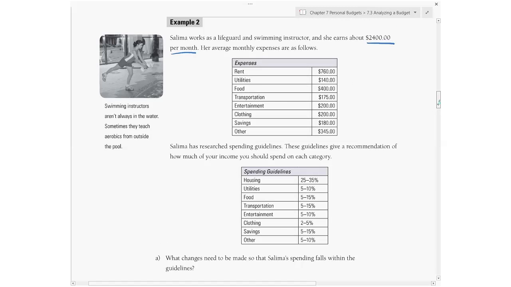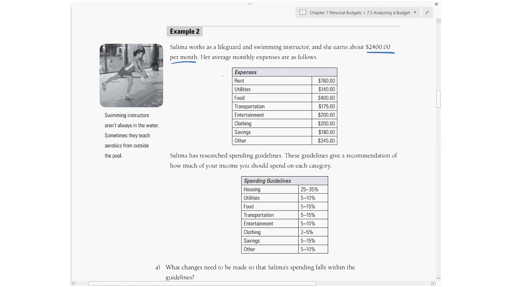So let's remember here, I'm going to do the same thing for each one. So remember again, our percent over 100 is equal to the part over the whole. So for this one, I'm looking for the percent, so x over 100 is equal to 760 over the whole. Her whole income is 2,400.